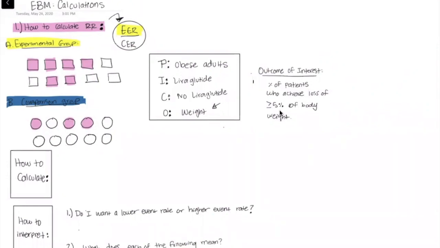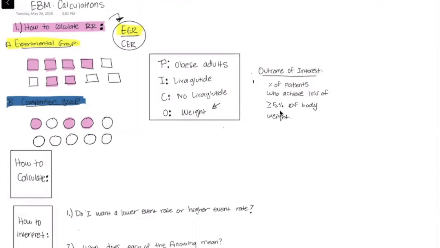And so the tricky thing about risk ratio is you are going to interpret it differently depending on the context of your risk ratio. So for example, the best way to approach a risk ratio is to think of your PICO question and to think about what the outcome of interest is and whether or not that outcome is a positive outcome, if it's something we want, or something we don't want.